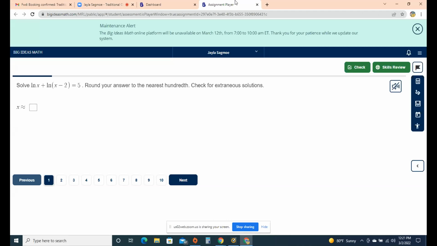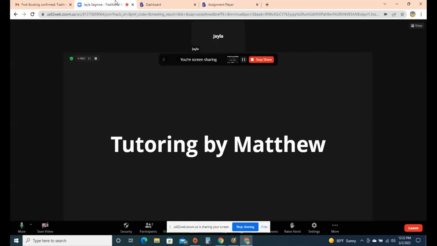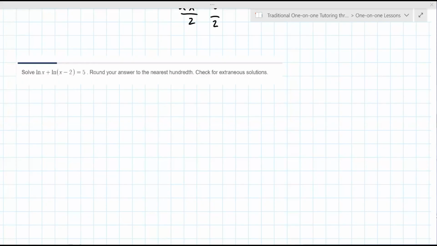So we'll start with this one, Jayla. Okay. Let me snip it in here. All right. So I'll share my screen. Okay, so there's a property of logarithms, which when you're adding right here, you can make this into a product.